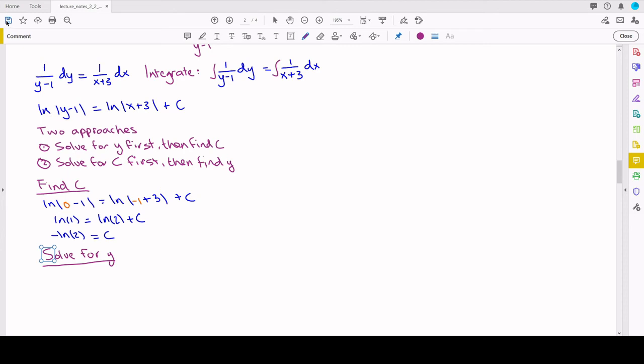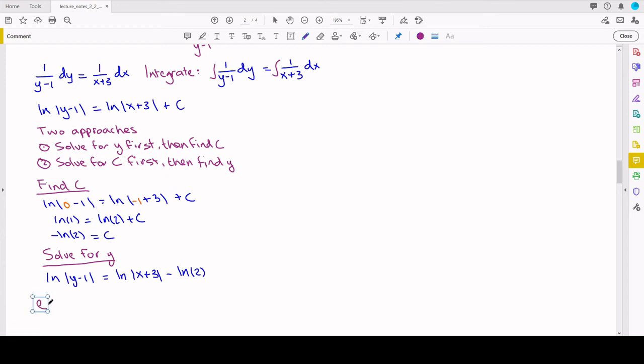And so we have ln of the absolute value of y minus 1 equals ln of the absolute value of x plus 3, and then minus ln of 2. In order to get rid of this natural log in front of the y minus 1, we're going to exponentiate with respect to e on both sides.